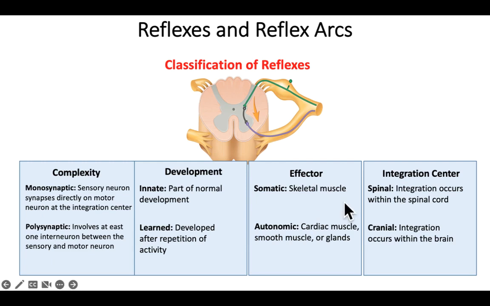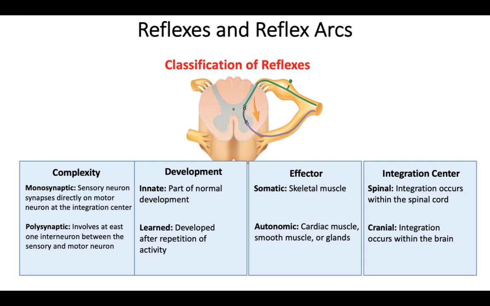Okay. Then we can use the effector as a way to classify. If the ultimate result is a skeletal muscle contraction, we call it somatic. If the result is something to do with your heart, smooth muscle, or gland, it's an autonomic reflex. One example of an autonomic reflex might be the production of tears.